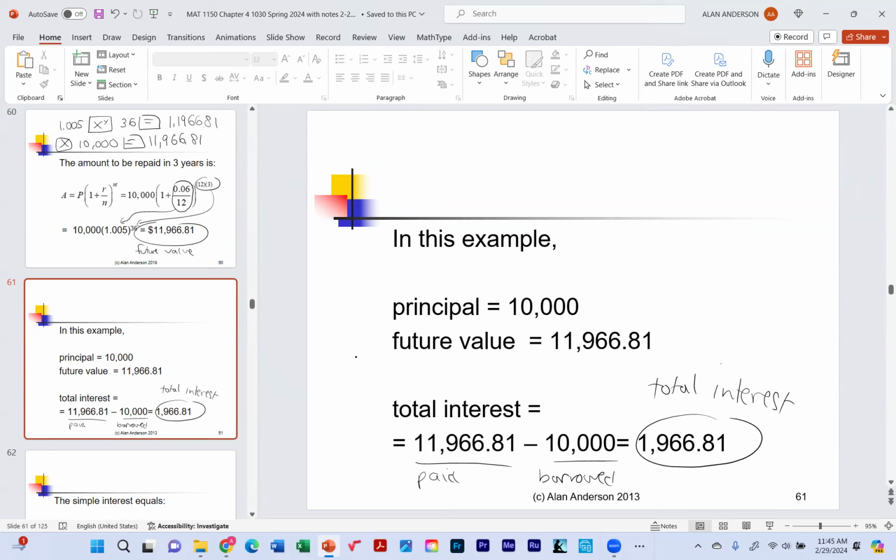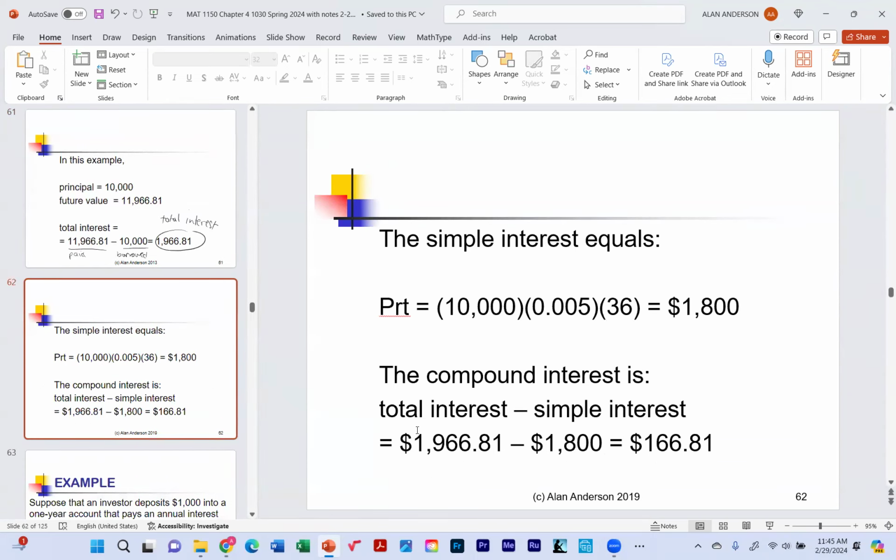And that's fine, but now we want to break it up further into simple and compound interest. Okay. So we have our total. We want to break it up now. But remember, there's a very easy formula for simple interest. So we won't have any trouble with this. And that formula was I equals PRT. We borrowed $10,000.